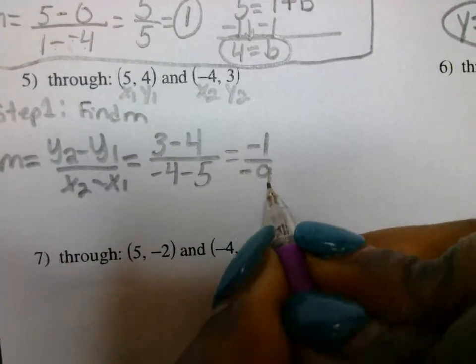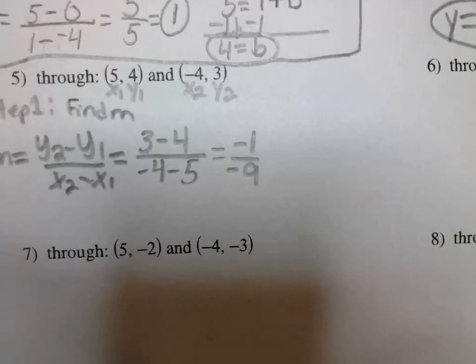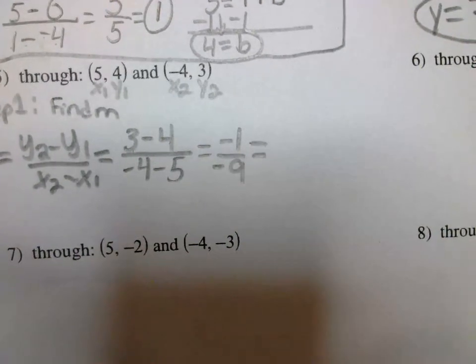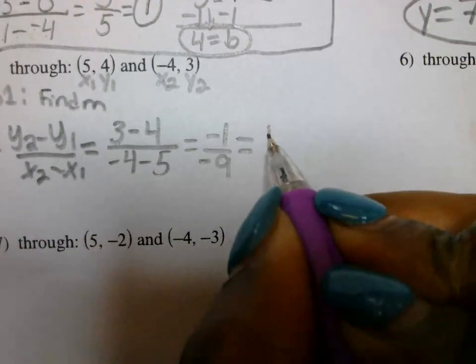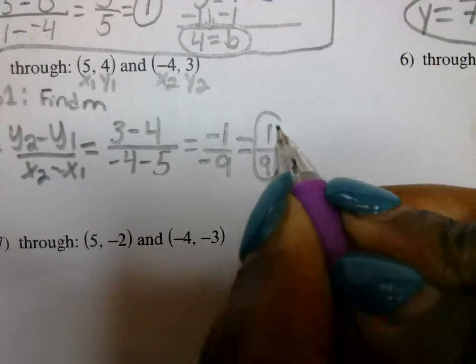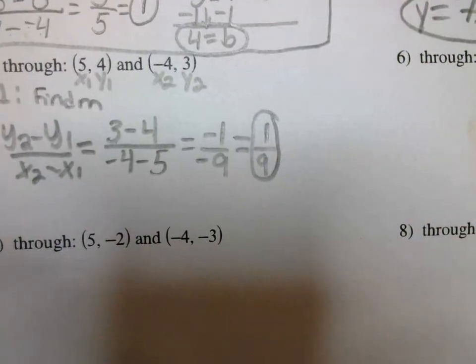Good job. Let's simplify. What's a negative divided by a negative? A positive. So my slope is positive 1 over 9. That's my M.